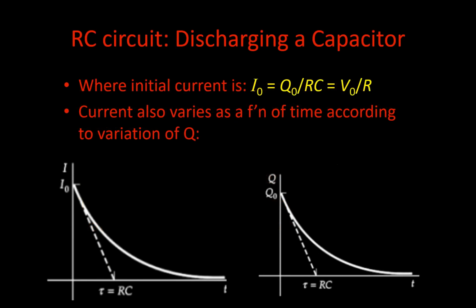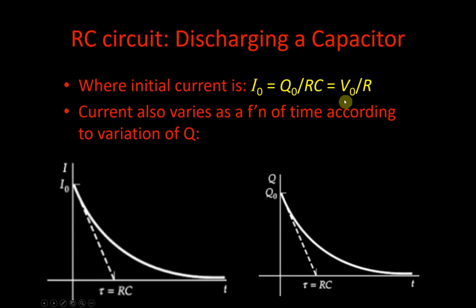So when we're looking at an RC circuit and we discharge our capacitor, we start off with a high amount of Q, a high amount of charge, and that charge diminishes with time. That means the current, which is basically Q over T, how much charge is moving per time, where time here is RC, will be I0 is Q0, however much charge you've got, divided by RC, which is also V over R. Remember, this is Ohm's law.